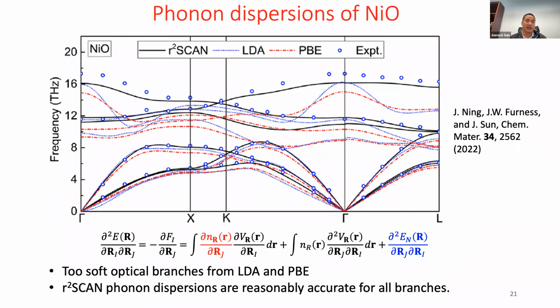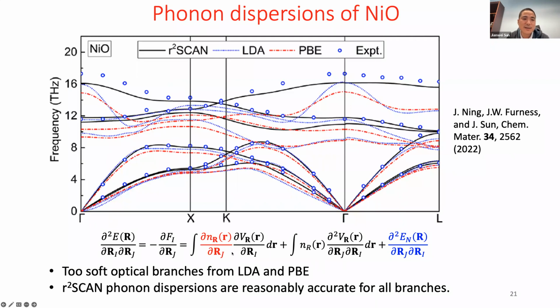So here is the phonon dispersion of nickel oxide. This is totally from total energy calculations, because phonon is based on the harmonic approximation, and what you want to get is the dynamical matrix, which is the second order derivative of total energy with respect to the displacement of the atoms.